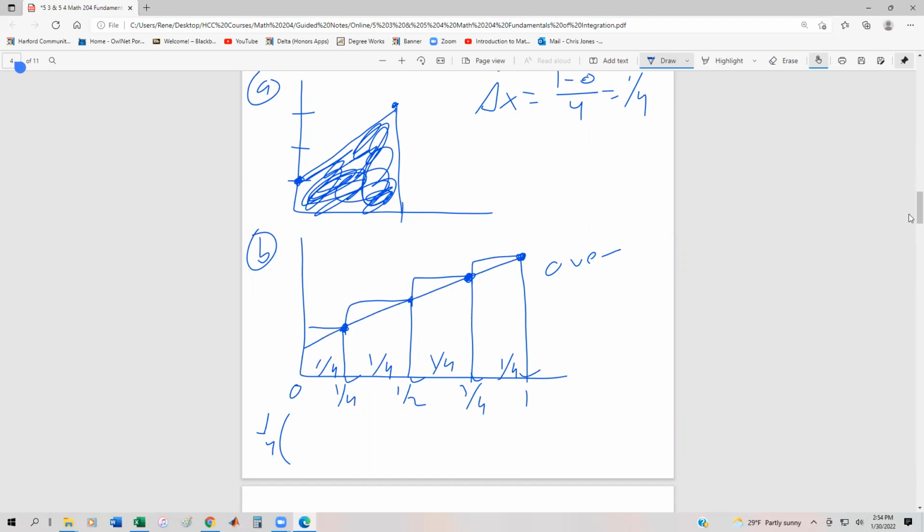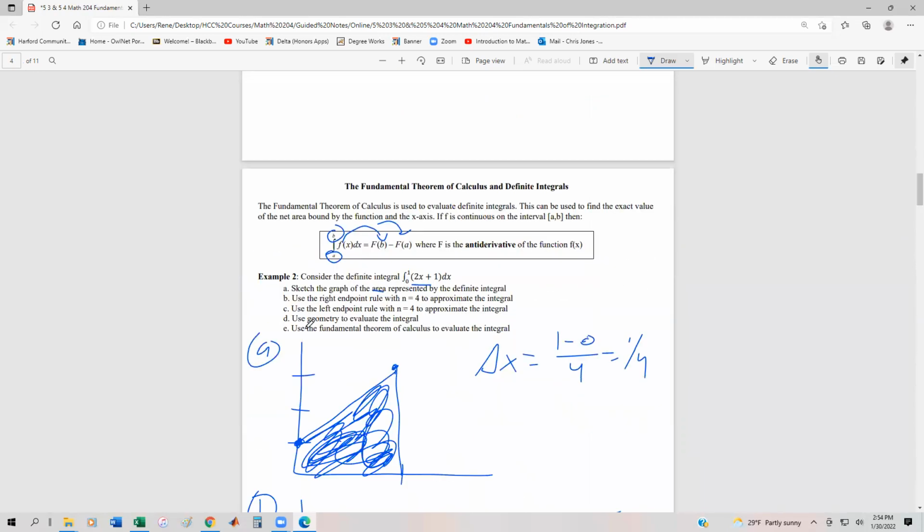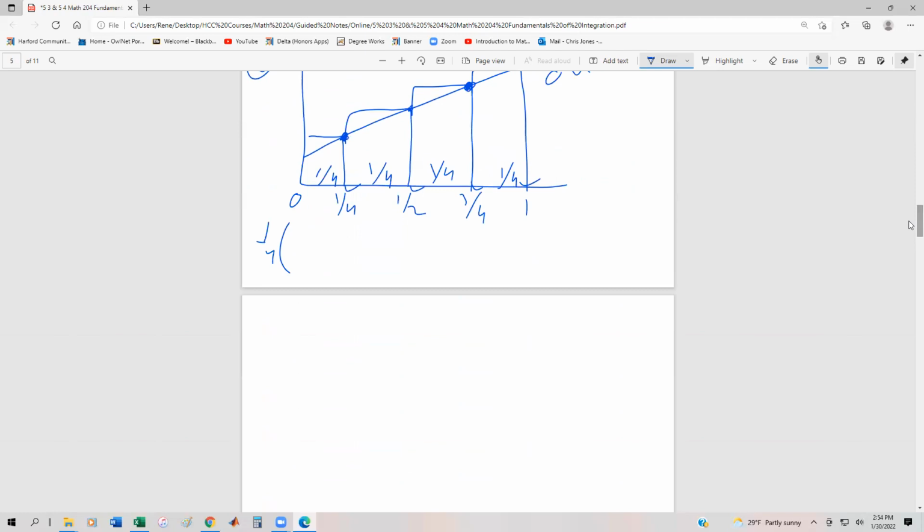So it's going to be 2 times a quarter plus 1, and then 2 times a half plus 1, and then 2 times 3/4 plus 1, and then finally 2 times 1 plus 1.